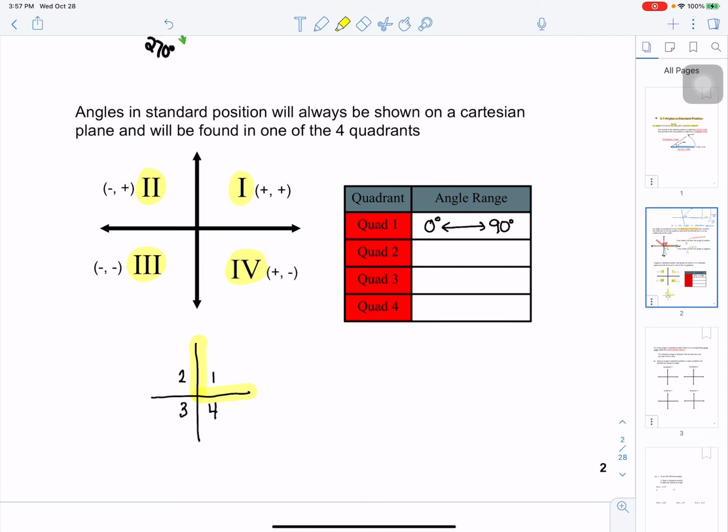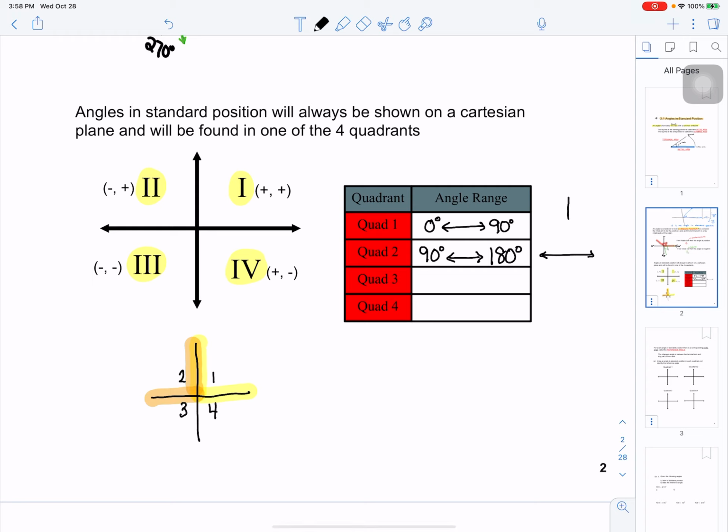When I'm in quadrant 2, now all of a sudden I've got to the 90 mark, and then I want to stop at the 180 degree mark. So my starting point will be 90, and then my angle can go all the way up to 180 degrees, and 180 degrees is just a straight line, okay?